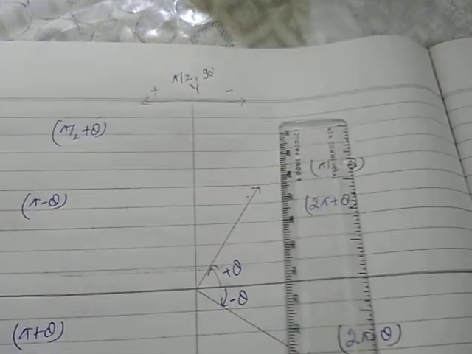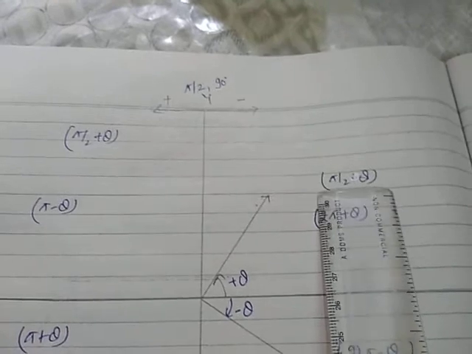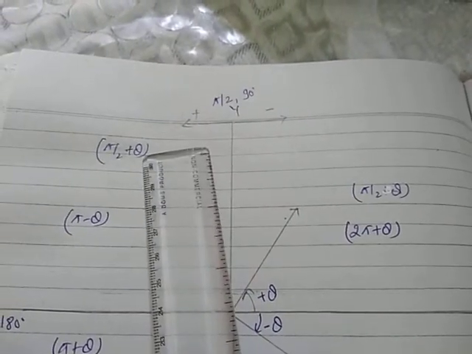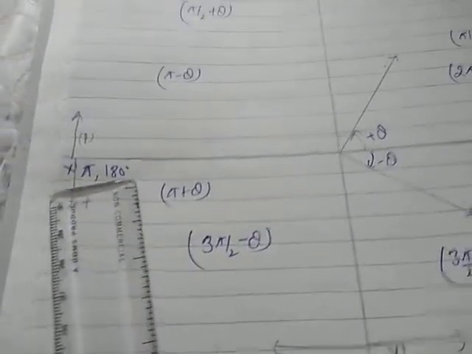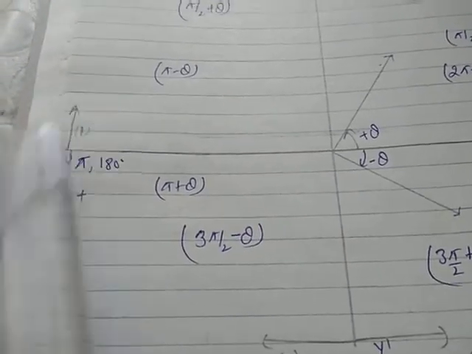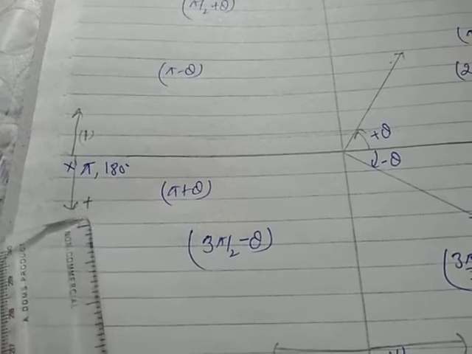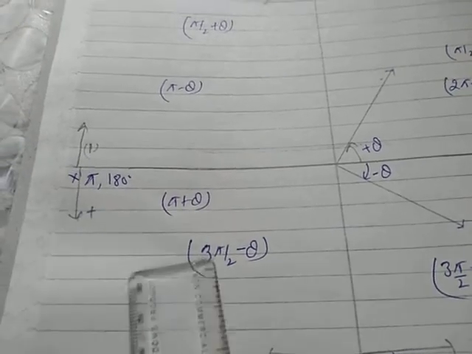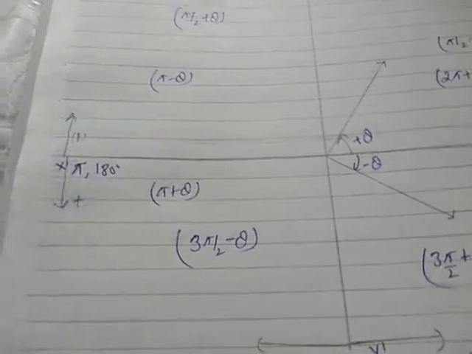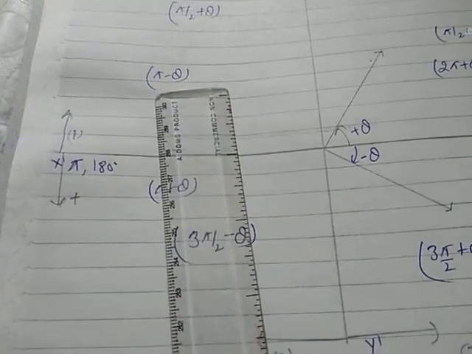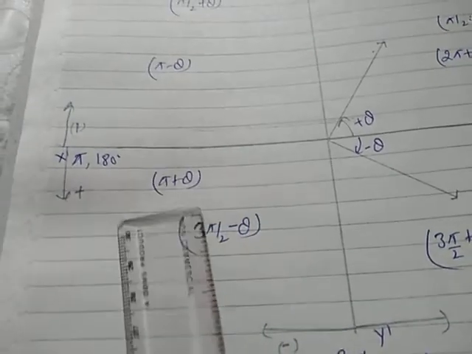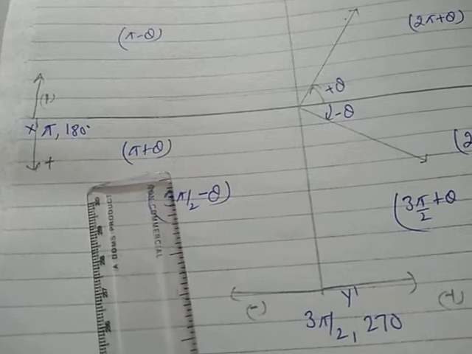Therefore in the first quadrant also the angle is pi by 2 minus theta, and here it is pi by 2 plus theta. If you take reference of pi, then the upward direction is negative and the downward direction is positive. Why? Because this is your anti-clockwise and this is your clockwise. So pi minus theta lies in the second quadrant and pi plus theta lies in the third quadrant.